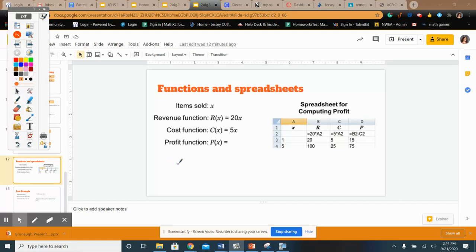Well, you would just take R of X minus the C of X, and the profit will be $15 per item. And you can kind of see what they're doing here with their spreadsheet. They're doing it per item. 20, this is the number of items. So 20 times 1 is 20, and then they subtract to get the profit. 20 times 5 is 100, 5 times 5 is 25. They subtract to get the profit.